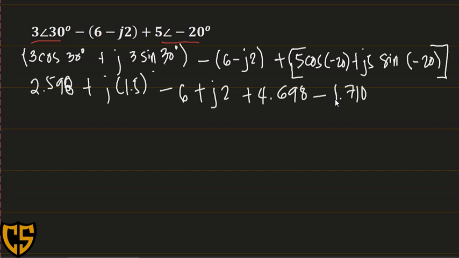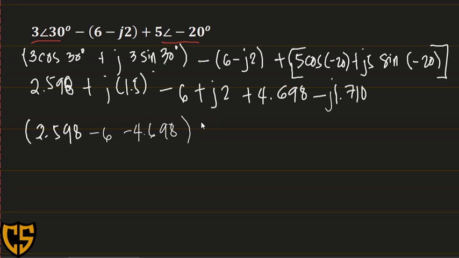We are going to combine all the real parts together and perform the operation for the imaginary parts. So for the real part, we have 2.598 minus 6 minus 4.698.